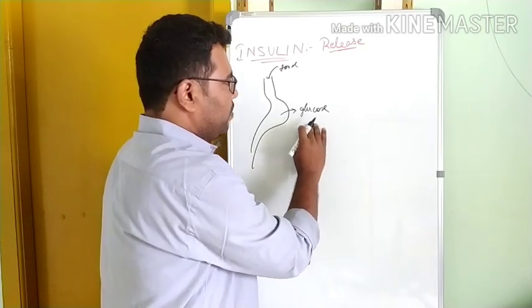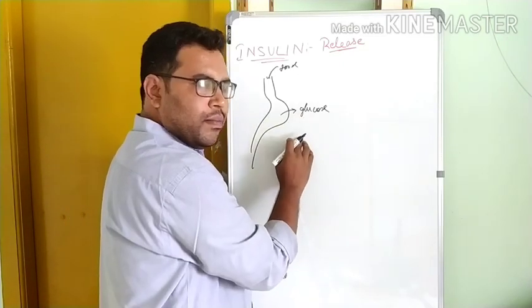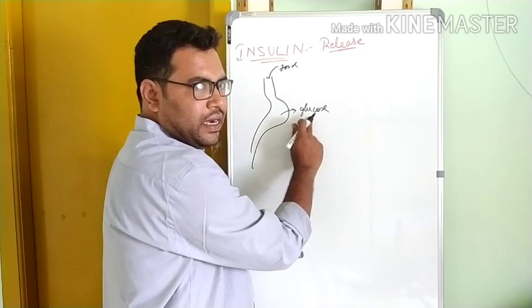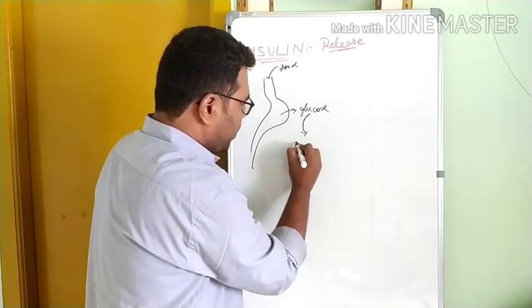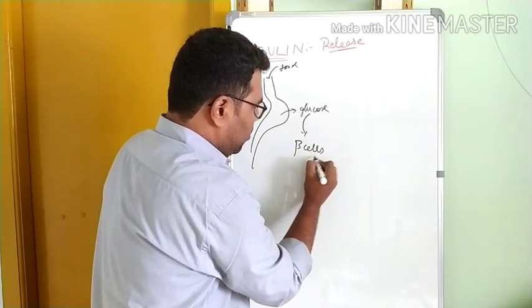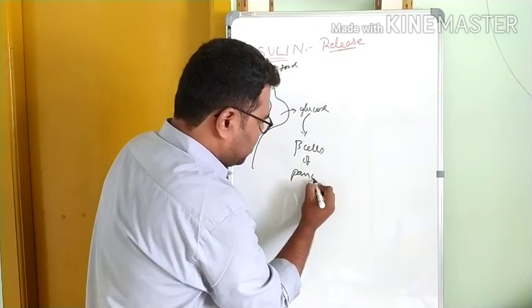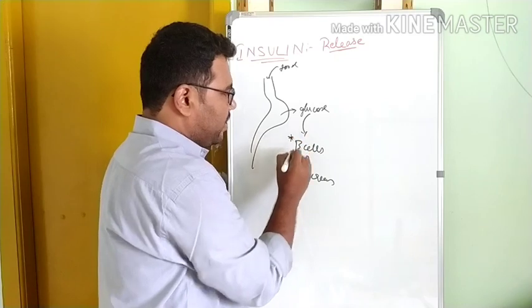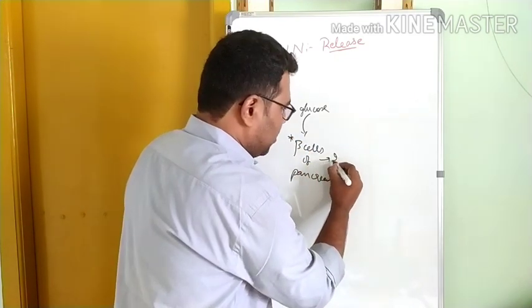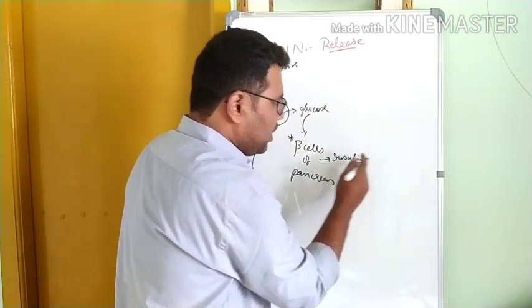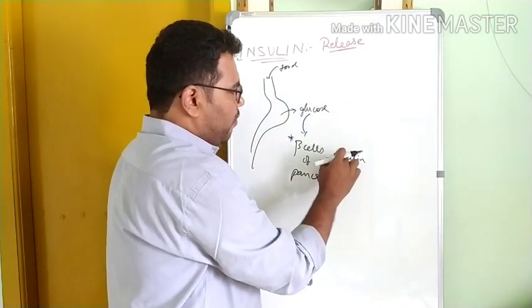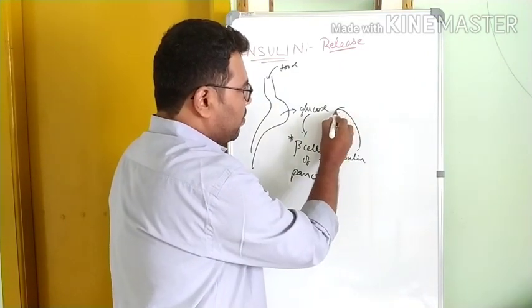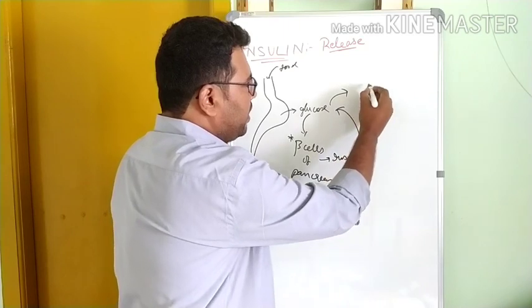This glucose enters into blood. When this glucose rich blood reaches the beta cells of the pancreas, these beta cells get activated and release insulin. This insulin will absorb this glucose from the blood into different cells.